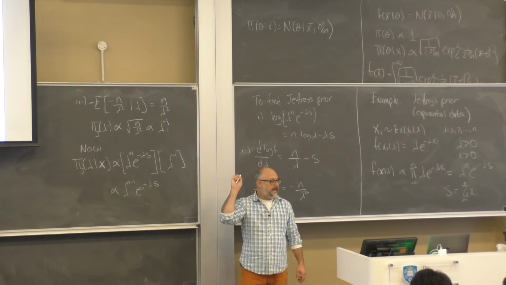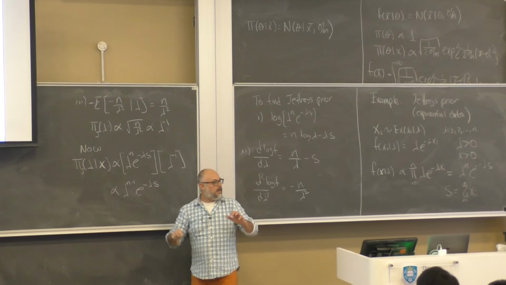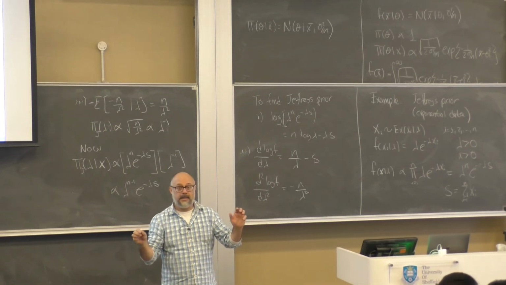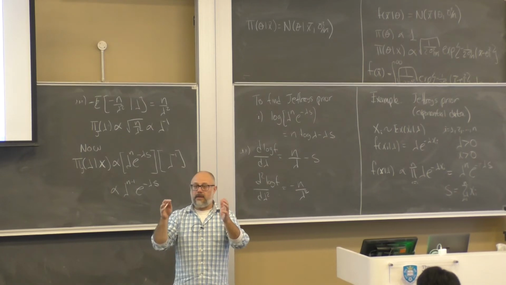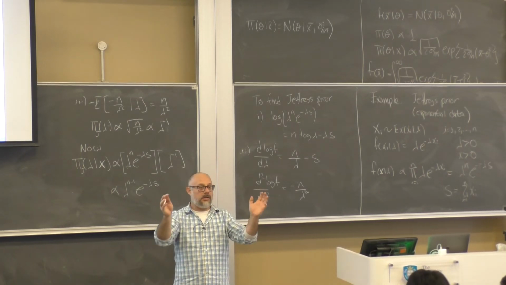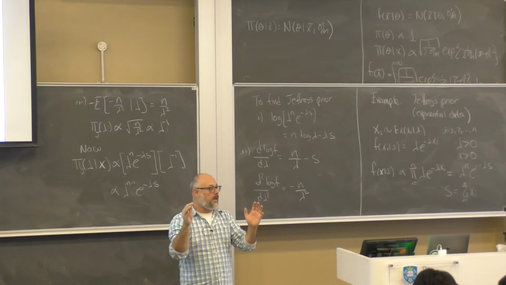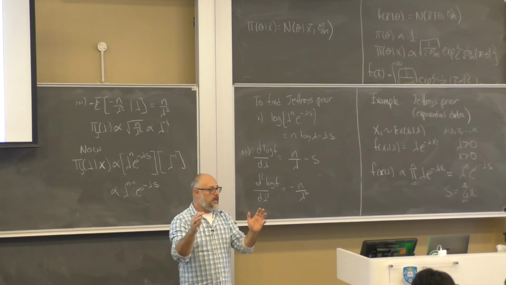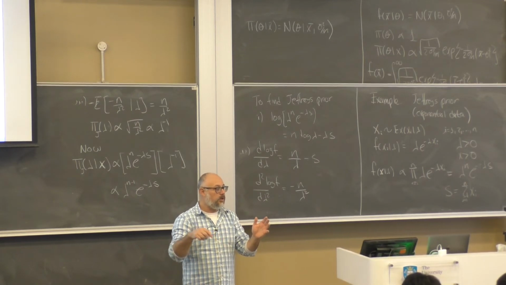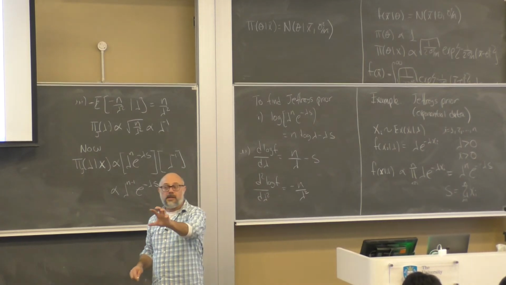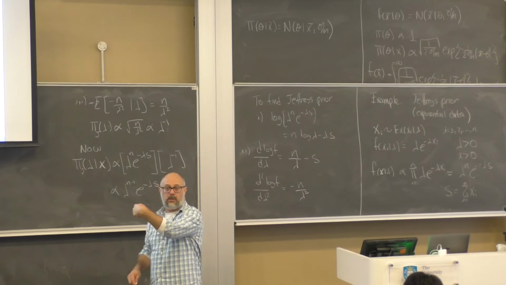Remember in our previous example with the Gaussian data, we completed the square and then realized that the exponential of the quadratic term in theta looked like a Gaussian. So if I integrated out things, I would just need to find the constant that would make that integrate to 1.